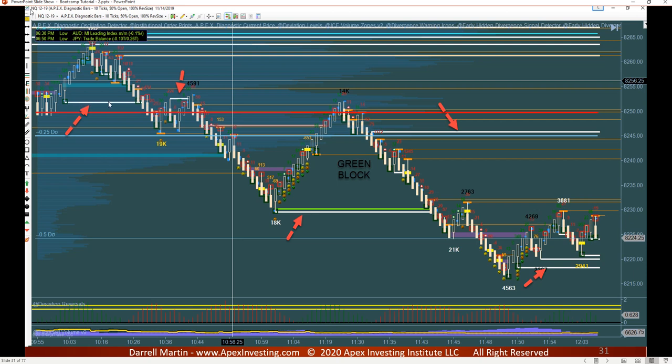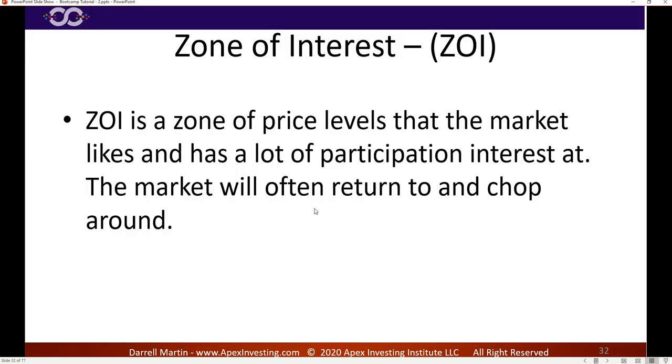That's a mini magnet. Here's a mini magnet. Here's a mini magnet. That's what those white lines are. They can be very strong levels of rejection, or where the market left orders. It can push away and it can come back to them. So we're going to keep an eye on those.